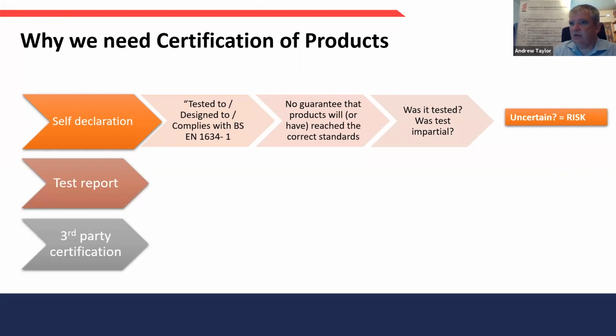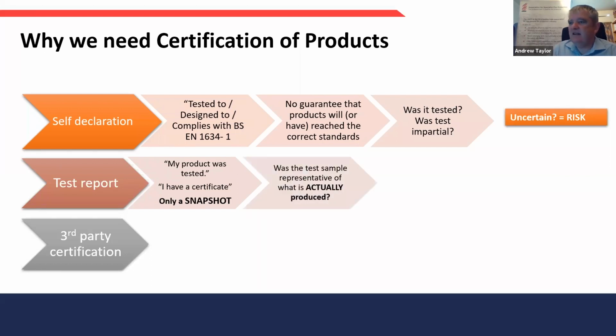I have a test report. Okay. So if I have a test report, the product's been tested, but it's only a snapshot in performance. And some people will take a test report and say it's a certificate when it's just a test report and a snapshot of evidence. So obviously that brings you to the question: is the test sample representative of what's being produced today? Have there been changes to the design, to the materials that are used?